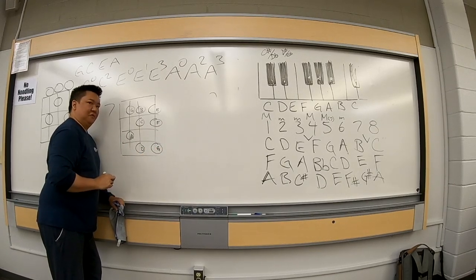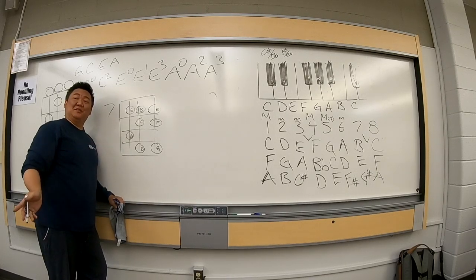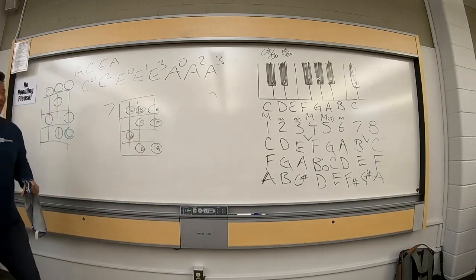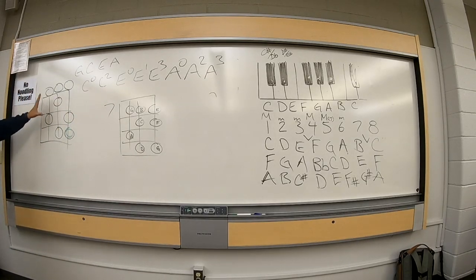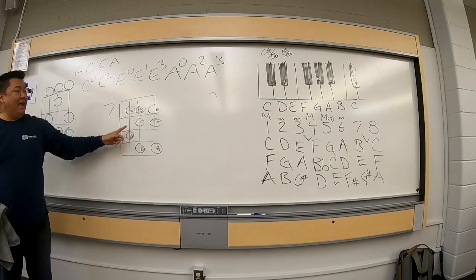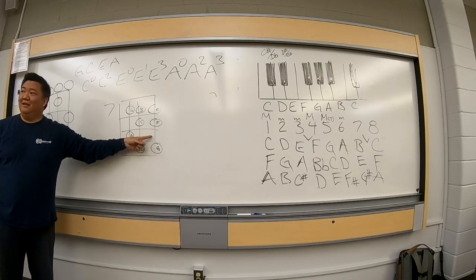Now, these notes are also found in the key of C because there's no sharps and there's no flats. Which means, if I had access to all these chords here in the key of C, now I can jump up halfway up my neck and have access to the exact same notes in a different order, but just with one note difference.